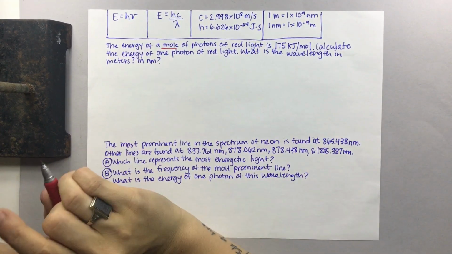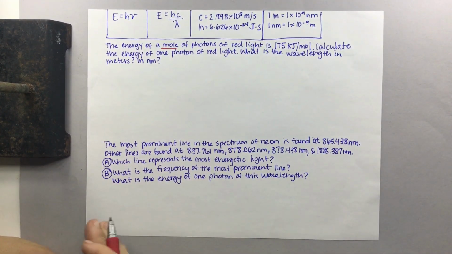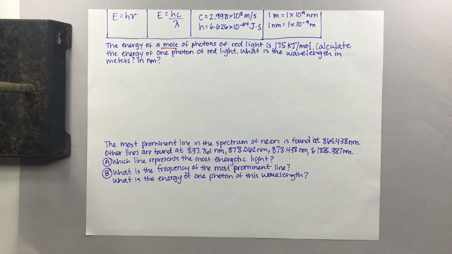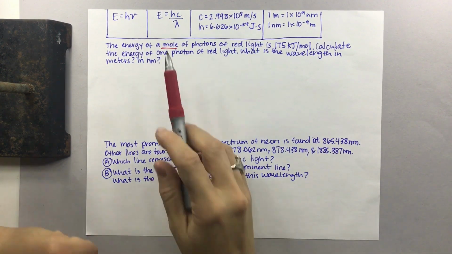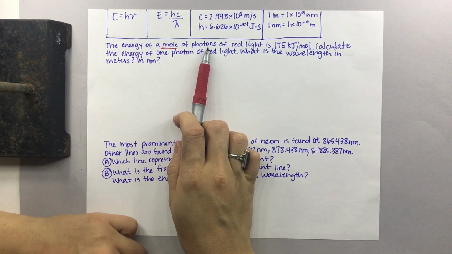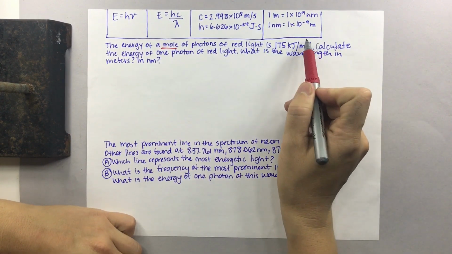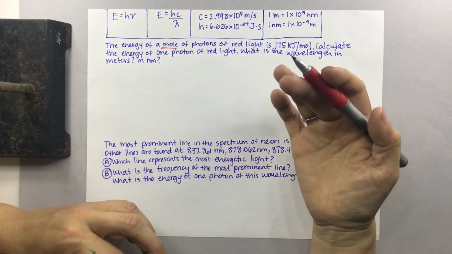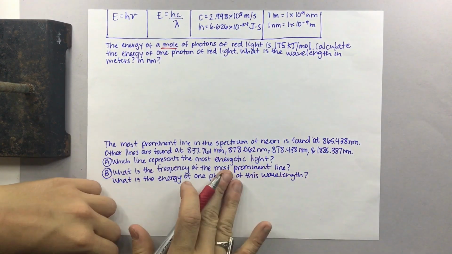Remember, we know 1 mole of anything is equivalent to 6.02 times 10 to the 23. So if you have a mole of puppies, you have 6.02 times 10 to the 23 puppies. Here, if we have a mole of photons, we have 6.02 times 10 to the 23 photons. So this right here that we have been provided is how much we have in 1 mole. It just wants 1, so that's an easy conversion.